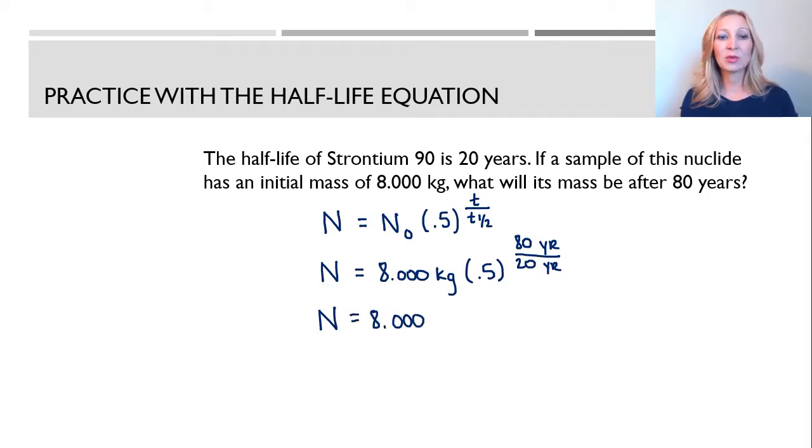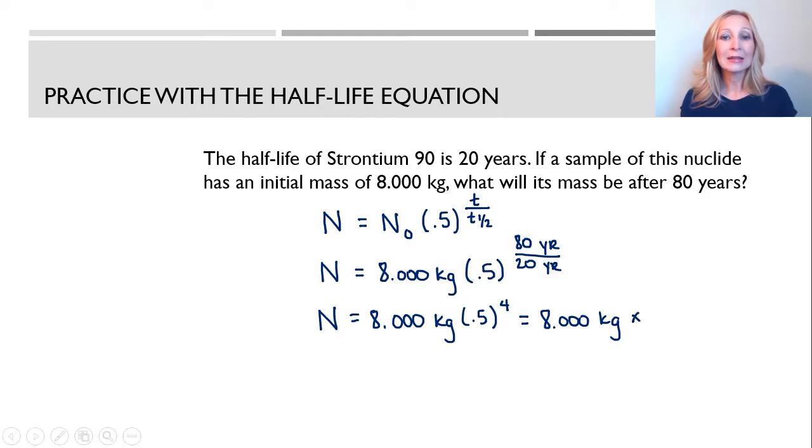So n is equal to 8.000 kilograms multiplied by 0.5. Really that is raised just to the 4th power. This shows that we have undergone exactly 4 half-lives. If one half-life is 20 years, 4 half-lives would be 80 years. So it has undergone 4 half-lives.